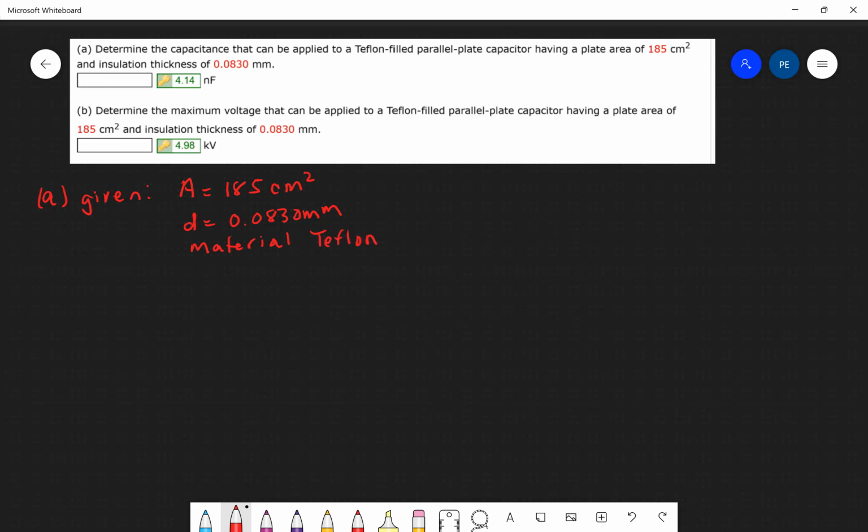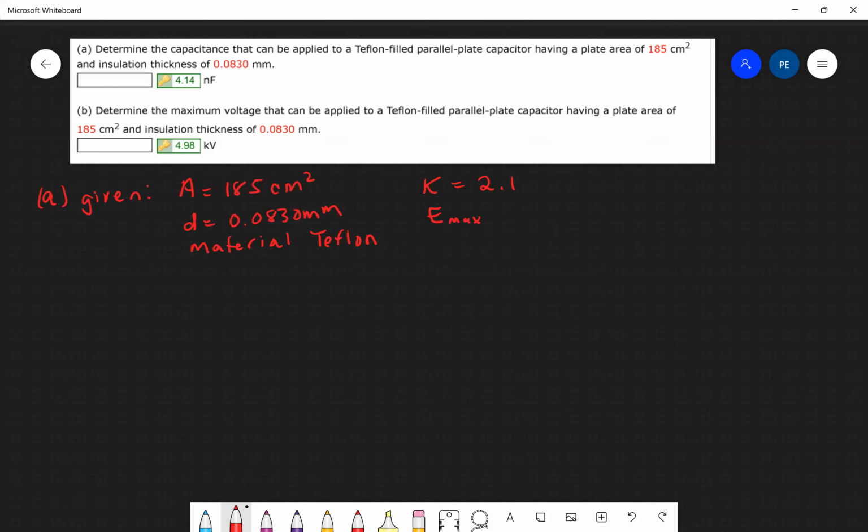Now, this is really important when talking about capacitances because different dielectric materials have different dielectric constants. So for instance, the dielectric constant for Teflon, kappa Teflon, is equal to 2.1. And we also know the dielectric strength, if you remember that table we had in the PowerPoint presentation.